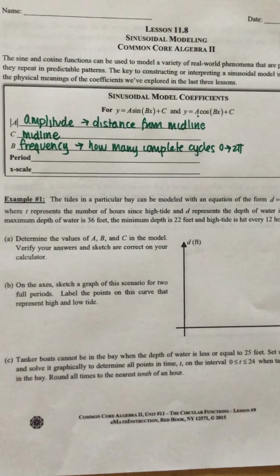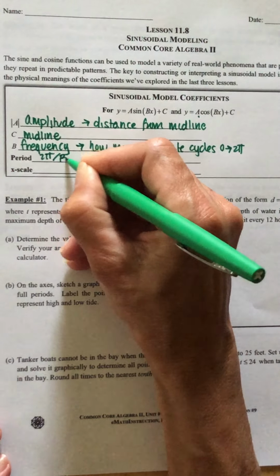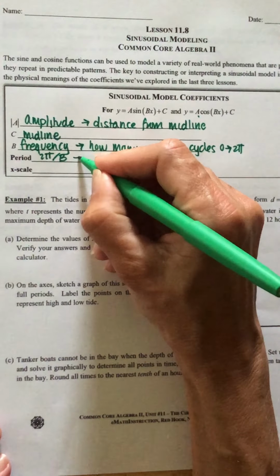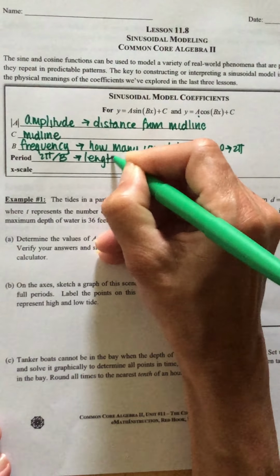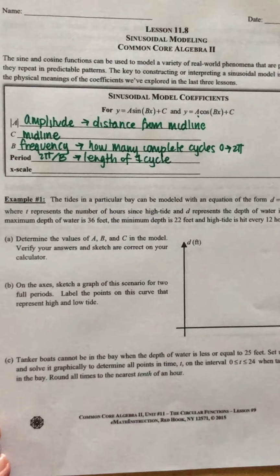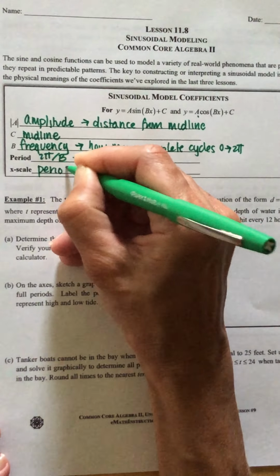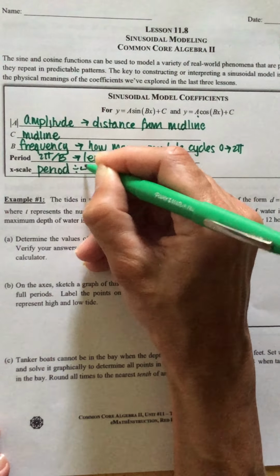The period uses the frequency. It's 2 pi divided by B, and that's the length of one cycle. When we are setting up our graph, we look at the x scale. For the x scale, you take the period that you found and you divide by 4.